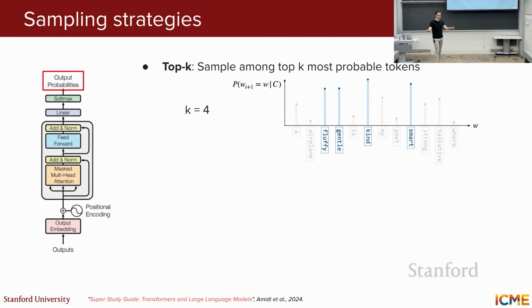Who has heard of this term? Yeah, a little bit. Okay, so what you do is you select the top K highest probable tokens, and you sample from them. So let's suppose if K is equal to 4, you take the four highest probable and then you just sample from them.